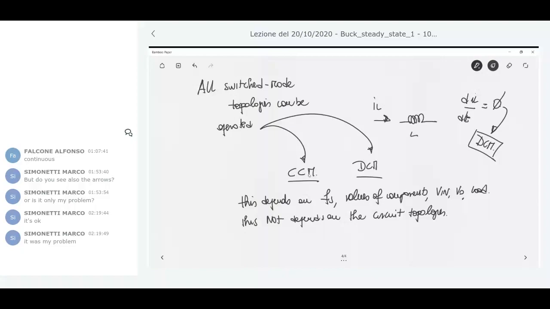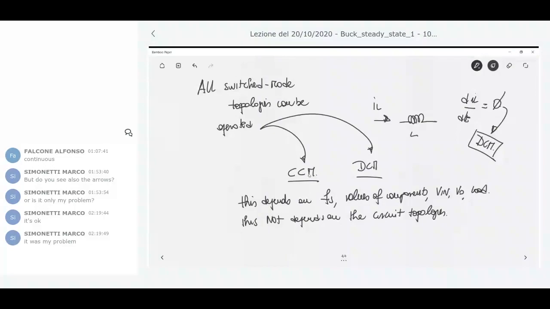I have to say that this is correct, but in almost the totality of the cases, what you have to look at is not the derivative of the current, but the current itself. Okay? If the current flowing through the inductor goes to 0 for a fraction of the switching period, then you can say that this converter is operated in the discontinuous conduction mode.